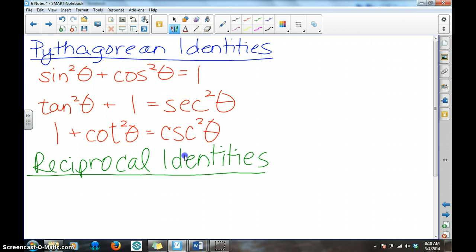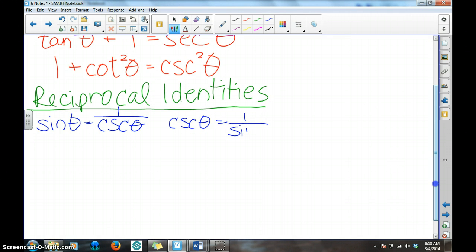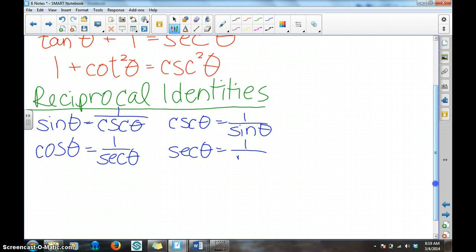So your reciprocal identities, the identities that flip or multiplicative inverses, are that sine is equal to 1 over cosecant, and conversely that a cosecant is equal to 1 over sine. The second reciprocal identity is that cosine can be written as 1 over secant, or conversely that secant can be written as 1 over cos.